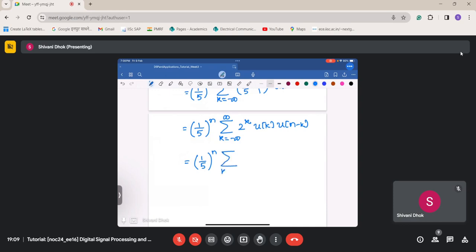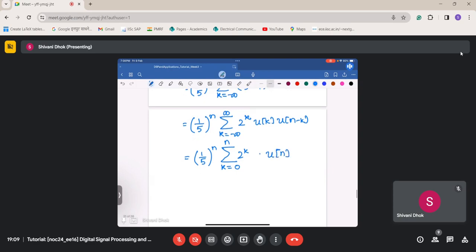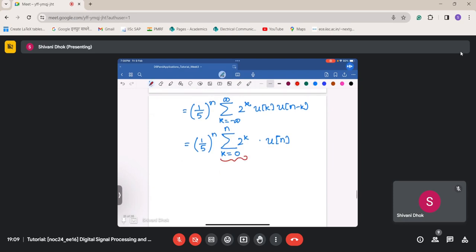So this I can replace as k equal to 0 to n, 2 to the power k, and this is valid only for n greater than or equal to 0. So I can simply write it as u of n. And this summation is simply a geometric progression again with n plus 1 terms. But now this 2 is greater than 1, so instead of 1 minus something, this will be that something minus 1.